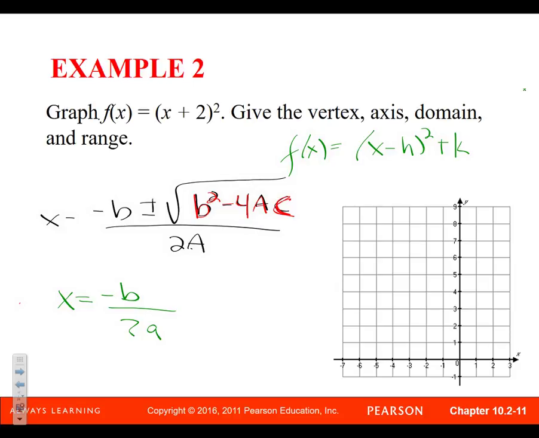Correct? That's also the equation for the axis of symmetry. Write that down. That is also the equation for the axis of symmetry. So if you have a quadratic in ax squared plus bx plus c form, you plug your values of b and a into that, and that gives you the axis of symmetry for that quadratic equation.